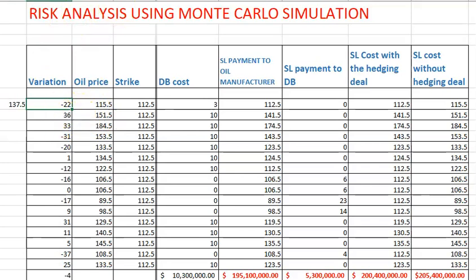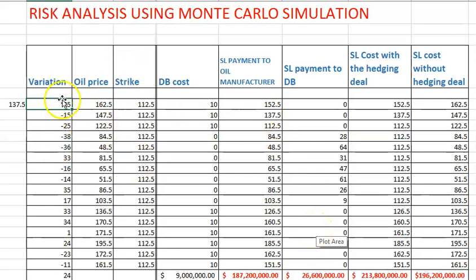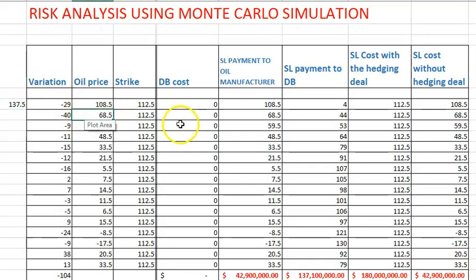Excel has a function called RANDBETWEEN, minus 40 and 40, and this would pop up. So if I refresh it, you can see these numbers all change. So Excel can give a random number between minus 40 and 40 with a mean of 0 and a standard deviation of 40. And based on that, you get your oil price. And that would be plus this, and then plus that, etc. So you get your oil price, and the strike price is 112.5, which was in the contract.